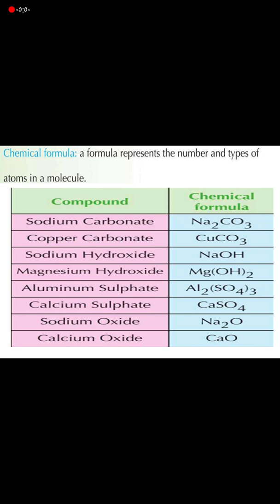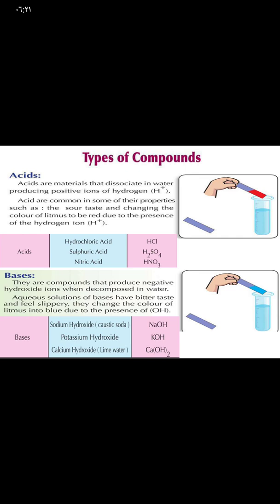Aluminum sulfate, Al2(SO4)3. 2 is, excellent, the valency of the atomic group SO4, and 3 is the valency of the aluminum element. Calcium sulfate, CaSO4. Sodium oxide, Na2O, and calcium oxide is CaO.